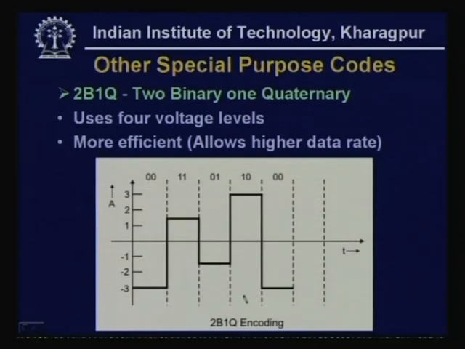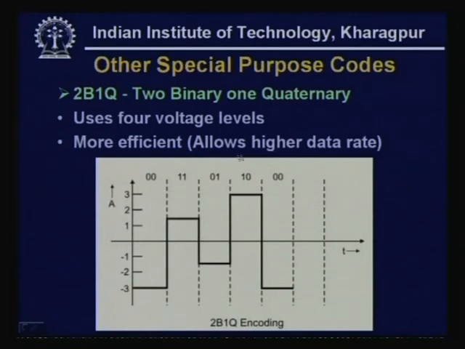Here we see for 0 0 it has got minus 3 volt, for 1 1 plus 1.5 volt, for 0 1 minus 1.5 volt, for 1 0 plus 3 volt. So, we see here it has got 4 voltage levels.